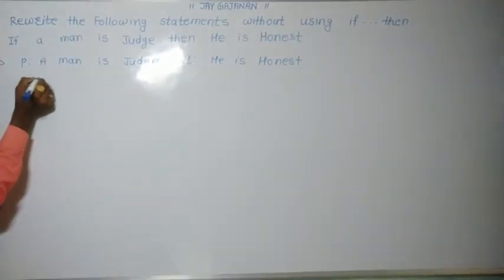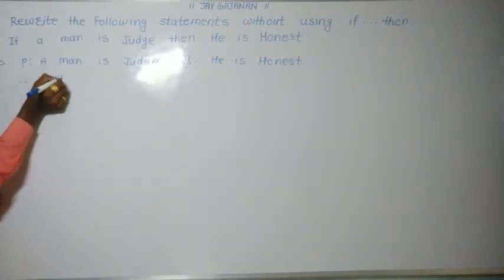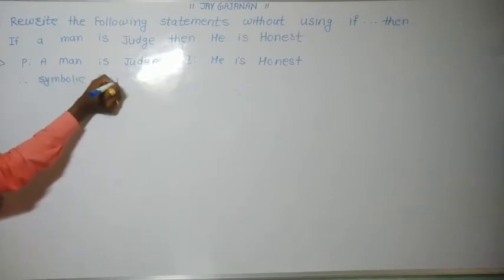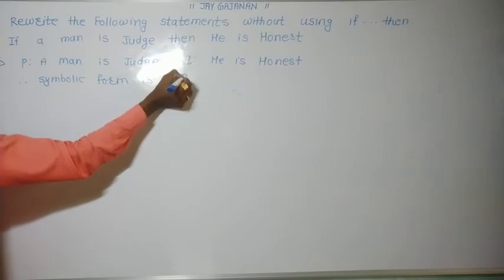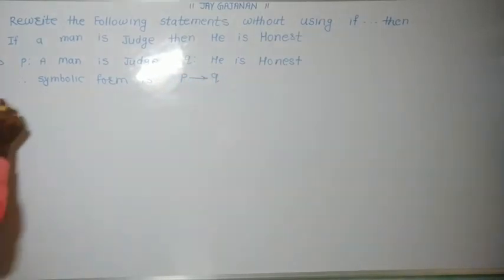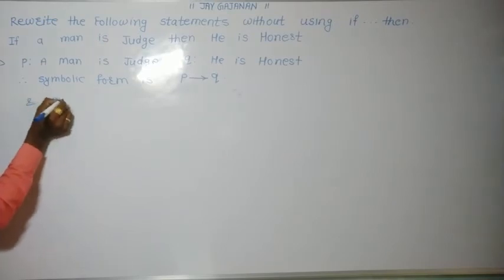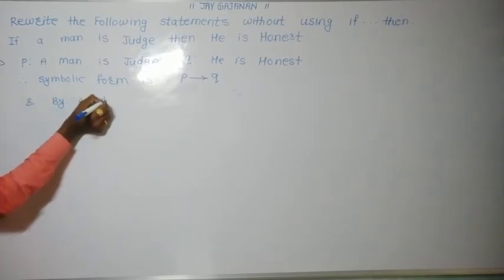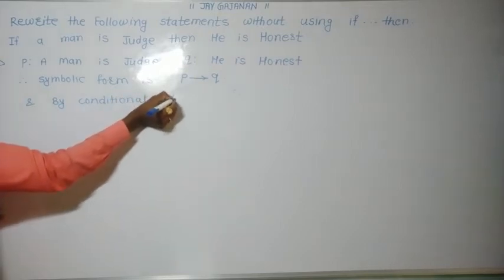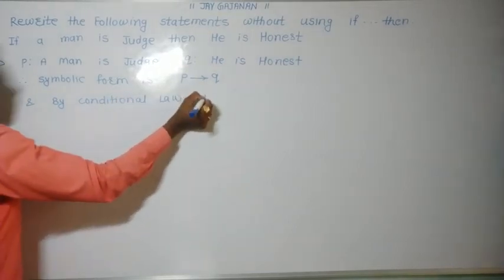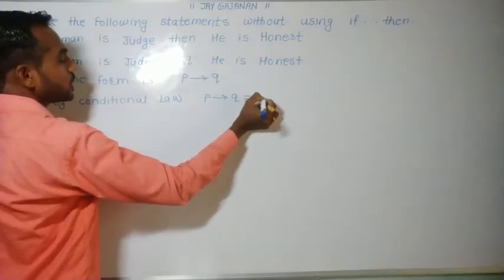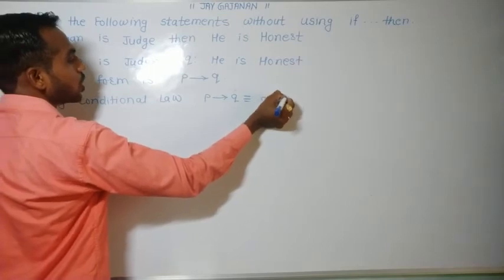Therefore, the symbolic form is P implies Q. And by the conditional law, we can write P implies Q is equal to negation P or Q.